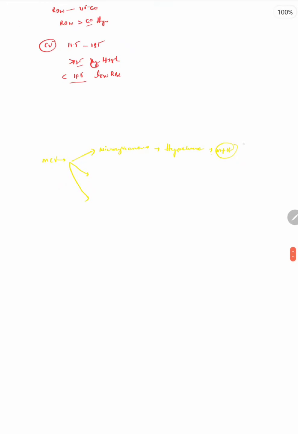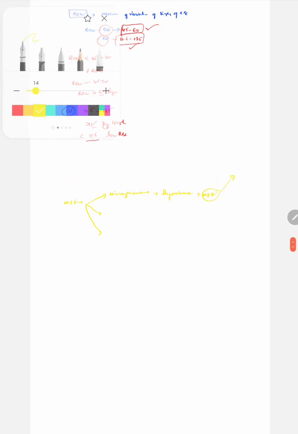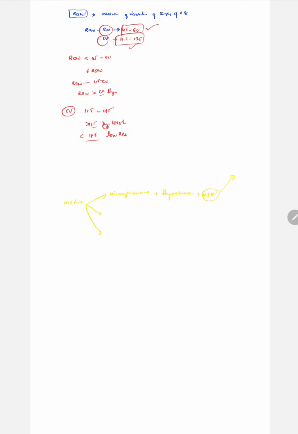What are the various causes of microcytic hypochromic anemia? Iron deficiency anemia. Next, thalassemia major, lead toxicity, sometimes anemia of chronic diseases.